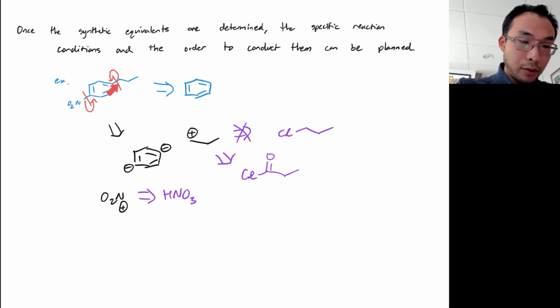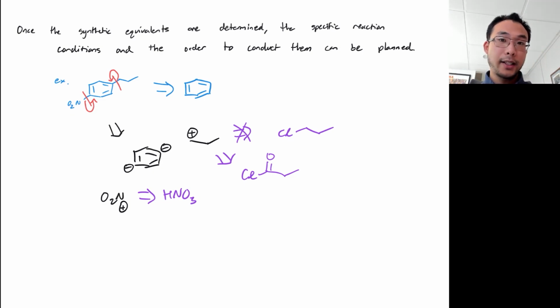If you look at the 2 groups here, those are oriented para to each other. And so what that means is I can't put the nitro group on first, because this group would direct any subsequent reaction to take place meta. So I have to put on the alkyl group, and it makes sense because an alkyl group directs para. So I need to build that alkyl group first.